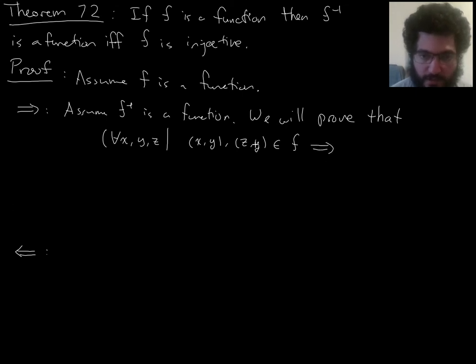So if I have two pairs in f with the same output position, then the input positions must be the same, x equals z.